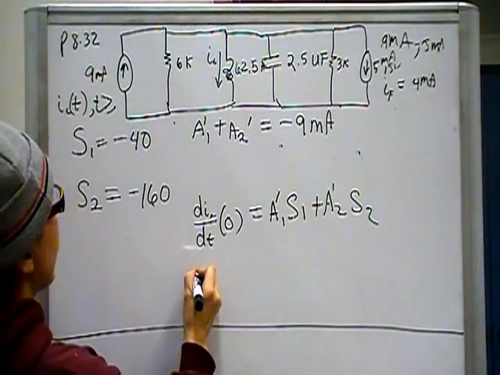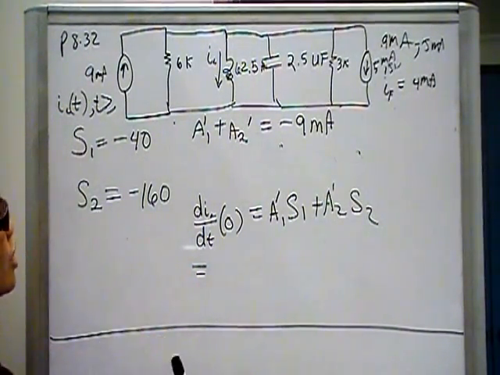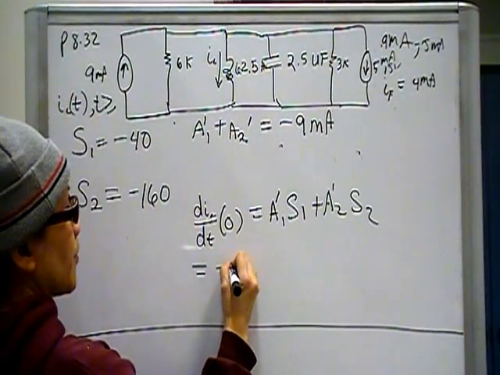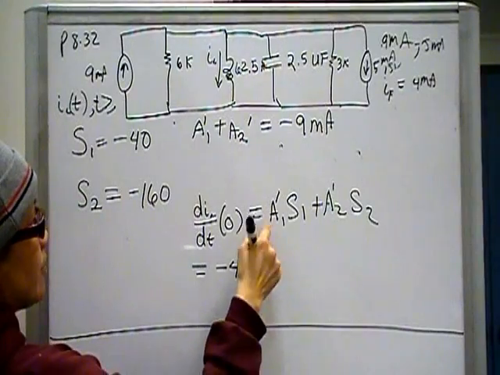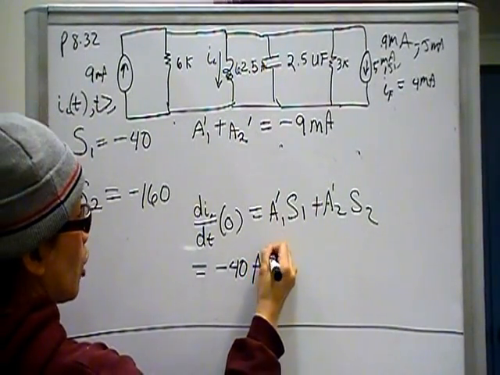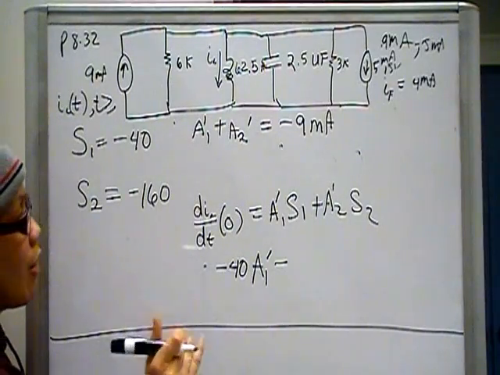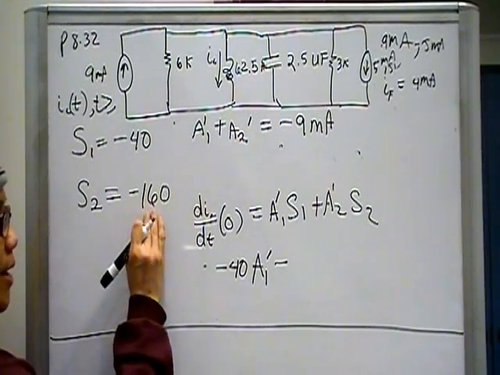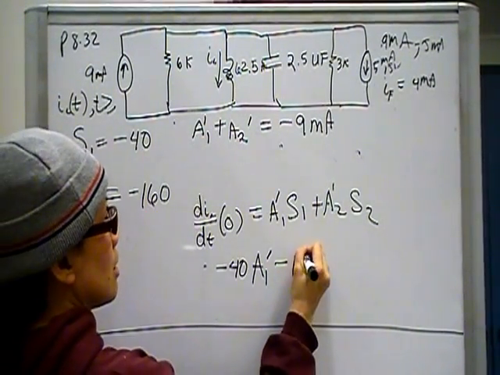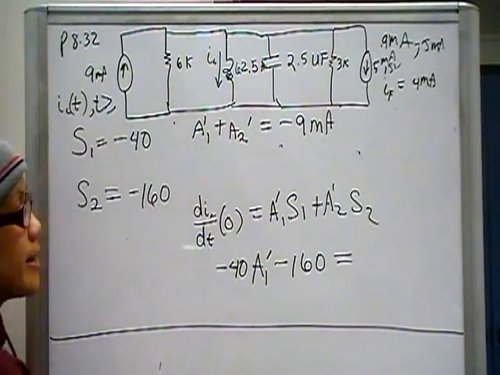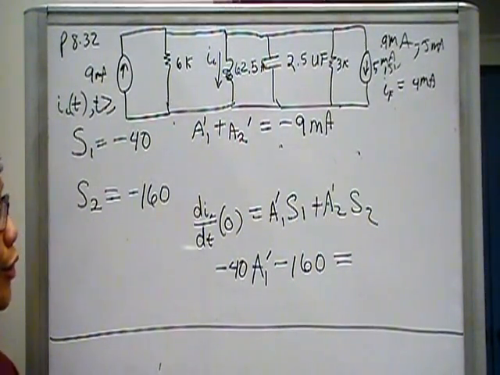So S1 is the plus, so it's going to be alpha plus that stuff, and that is going to be negative 40 A1 prime. S2 is the minus, so it's going to be alpha minus all that junk, and that's going to be the negative 160, and that's equal to di/dt, the change in current through the inductor at time 0.